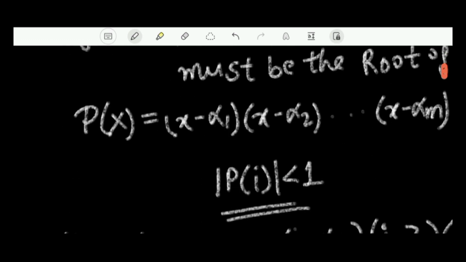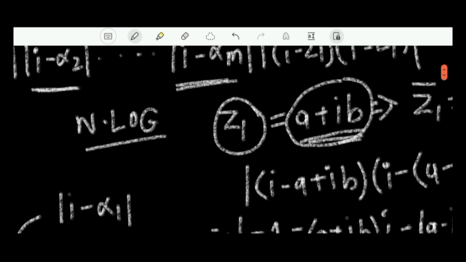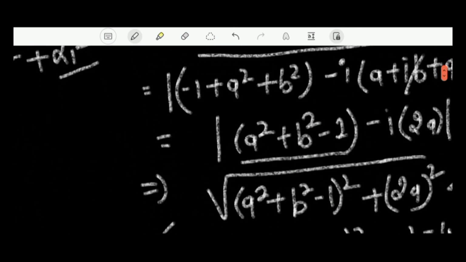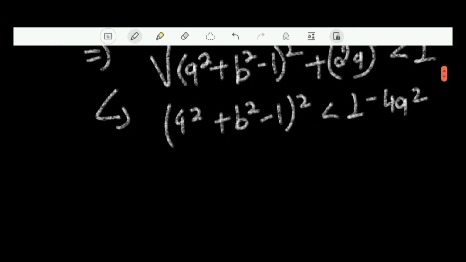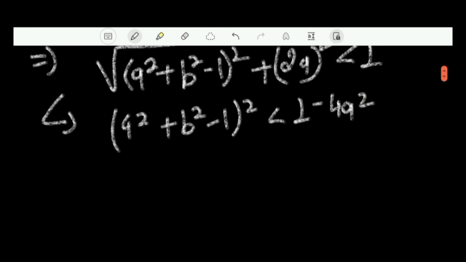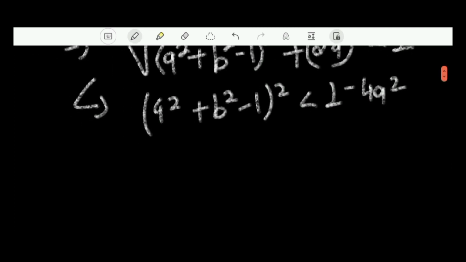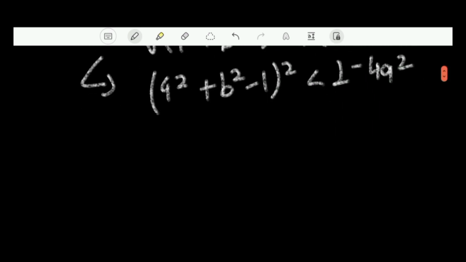So we can say that we have not got that result, but this is equivalent to it, and we can simply prove it after doing some more maths.